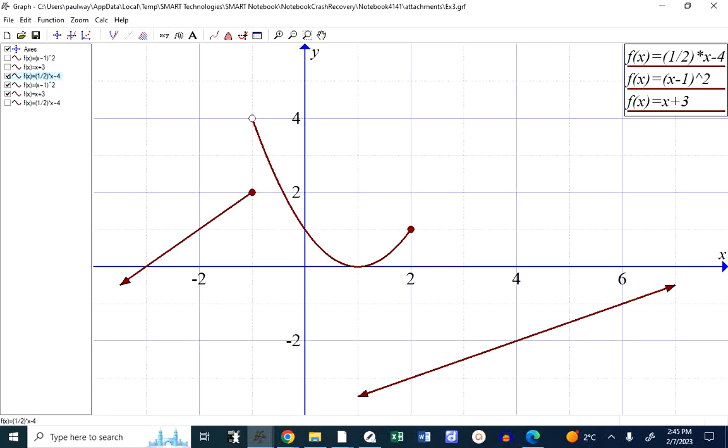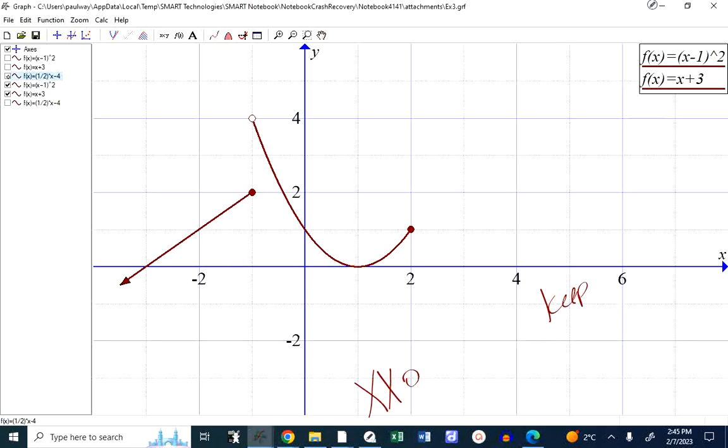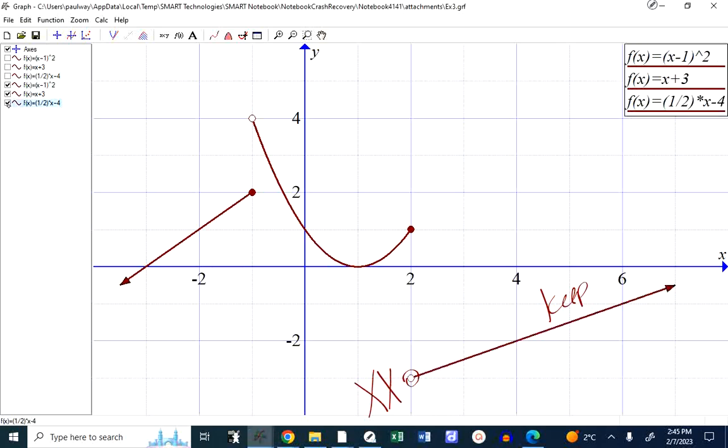This one starts immediately to the right of 2. So there's an open dot at the 2. This stuff has to be removed, and we're going to keep that stuff. So when I turn that off, and turn on the third piece, that's what it looks like.